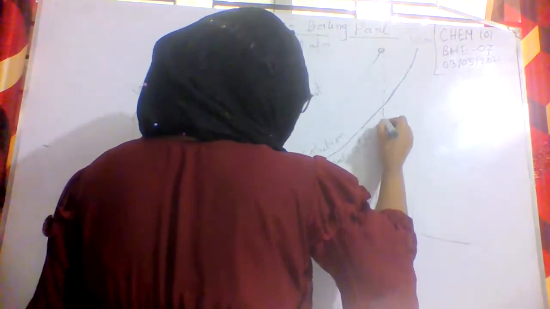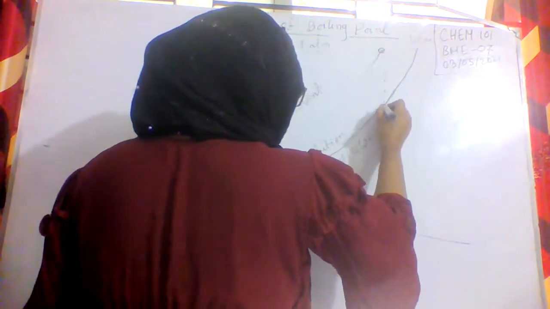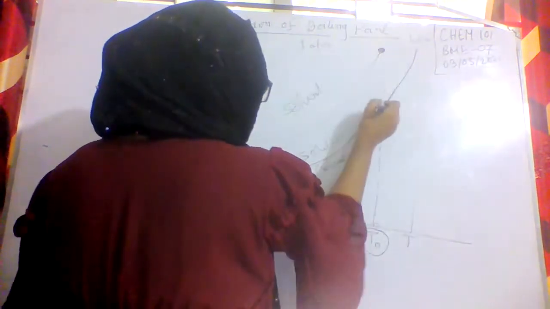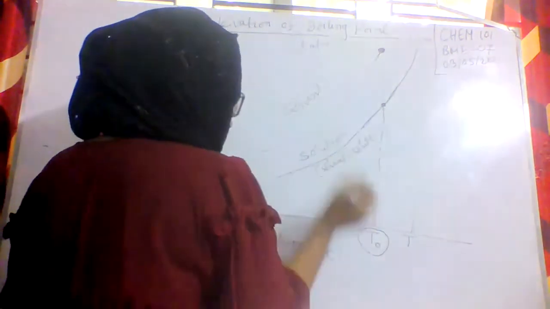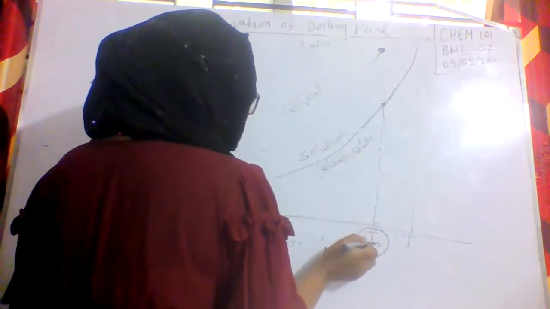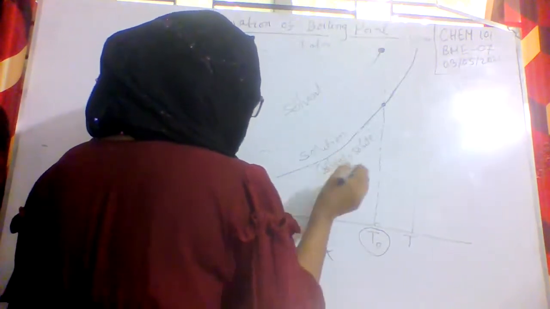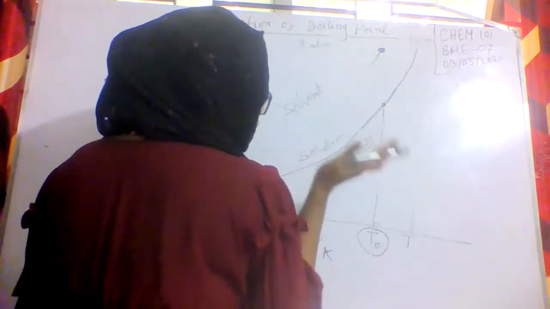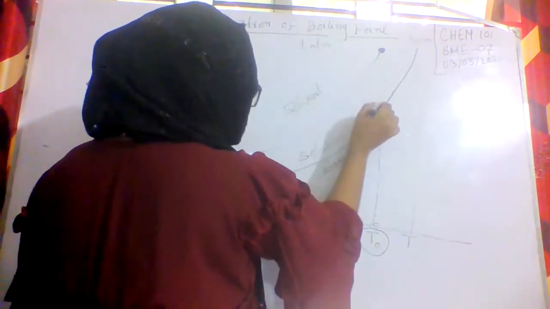Can we predict? This is the point, right? At T naught, this is the boiling point of the solvent. But we have solute, so the pressure should be lower than the solvent, right? Yes.